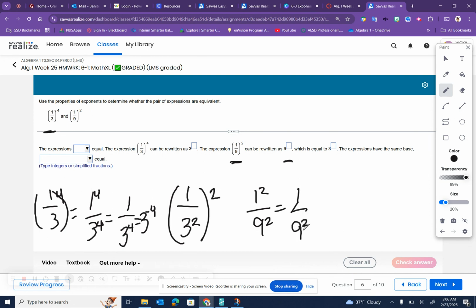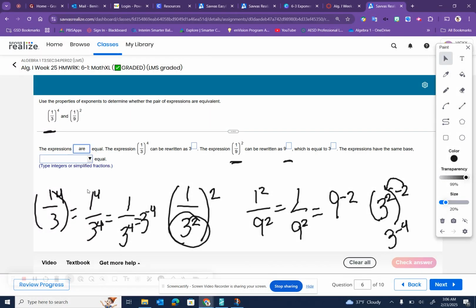If I want to bring this part up to the top using the negative exponent law, I can bring it back up and make it 9 to the negative second, which now I'm going to use this property here to simplify it with the base of 3. So 9 squared to the negative second. If I do power to a power, this becomes 3 to the negative fourth. So I do see that these are also equal.